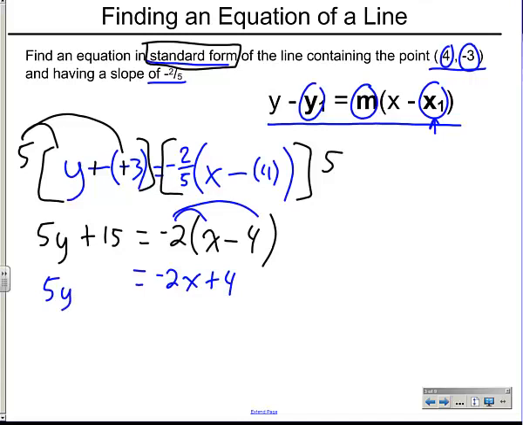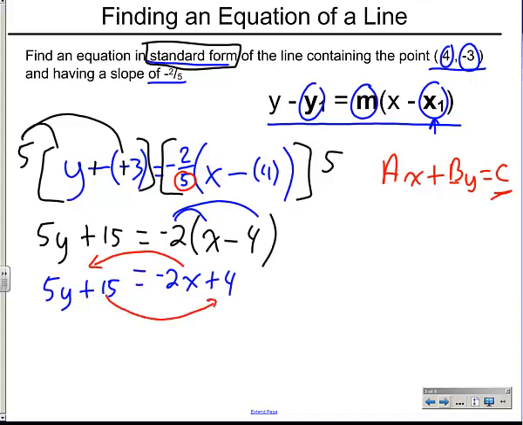I have a 5y plus 15 on this side. Now standard form looks like this, ax plus by equals c, where a, b, and c have to be integer values. That's why I got rid of this fraction with the 5. But I have to have x and y on the same side together, and c, which is all of our constant values, goes on the other side. So basically I need to move this x to this side and the 15 to this side.